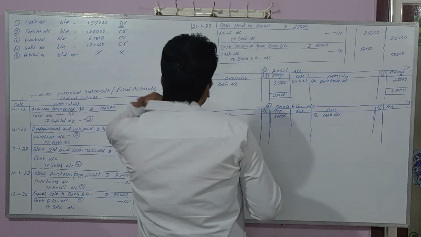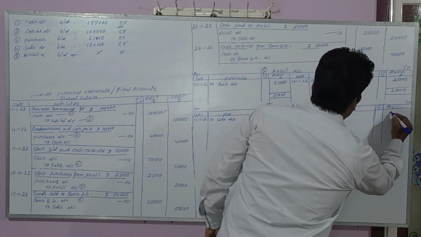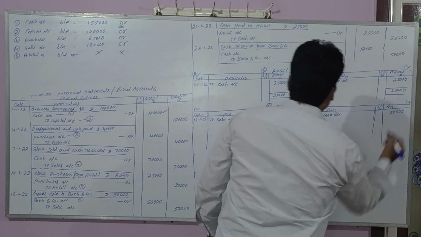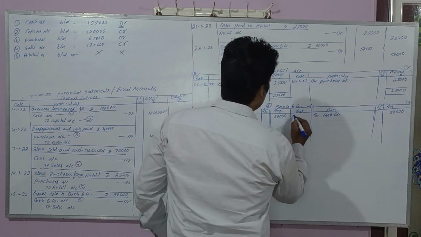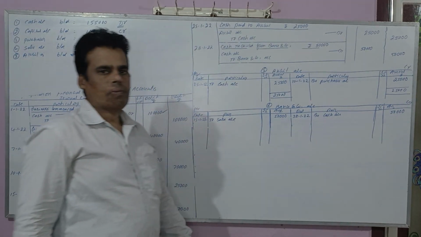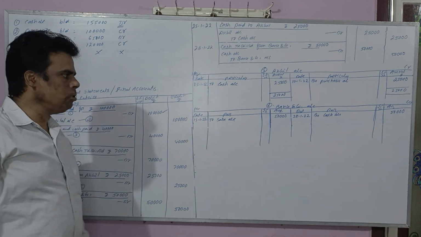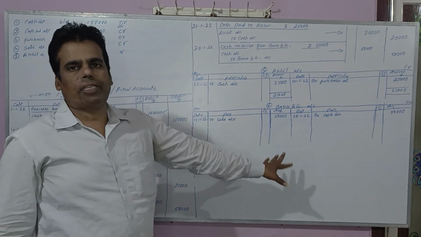By cash account, the amount is 50,000. Date 28/1/22. There are no more entries regarding Bonu account. Then ledger posting is completed.